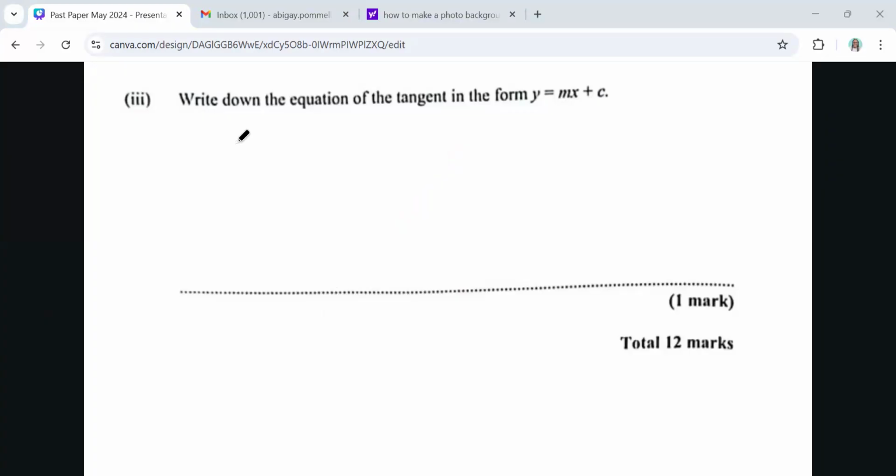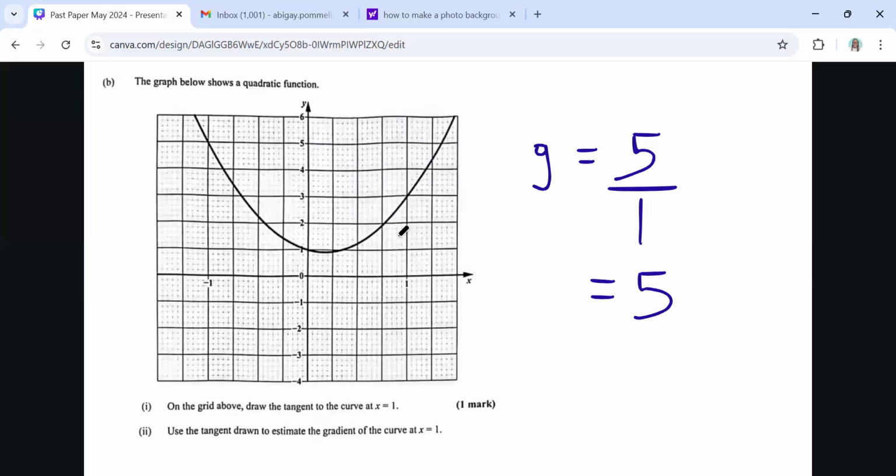All right. Next one, we have write down the equation of the tangent in the form y equals mx plus c. So we know that m is equal to 5, right? Let me see if I can go back. Oh, it's all gone. All right, hold on. Okay, so bring it back there.